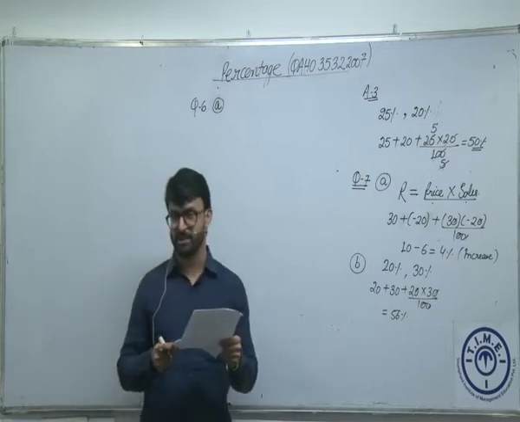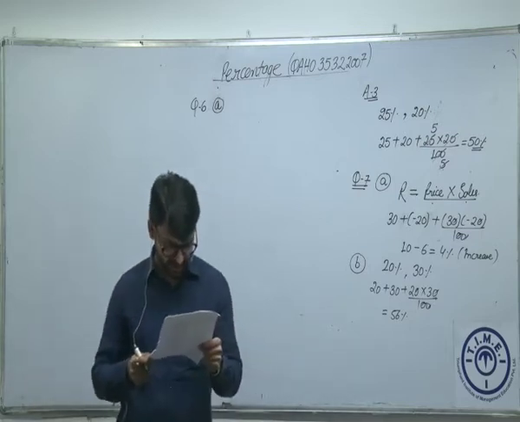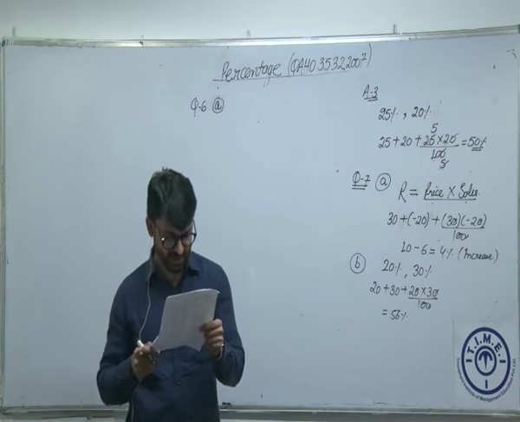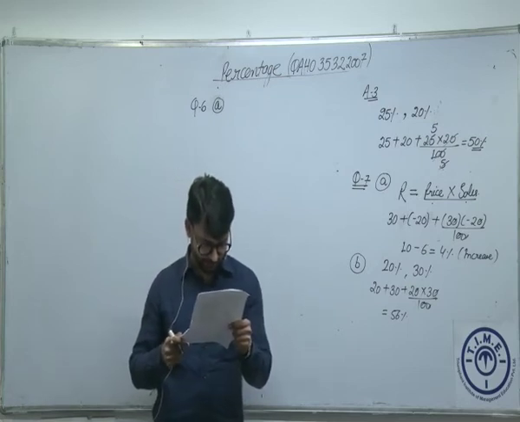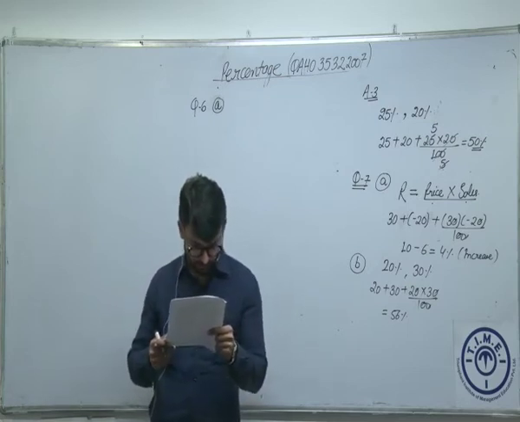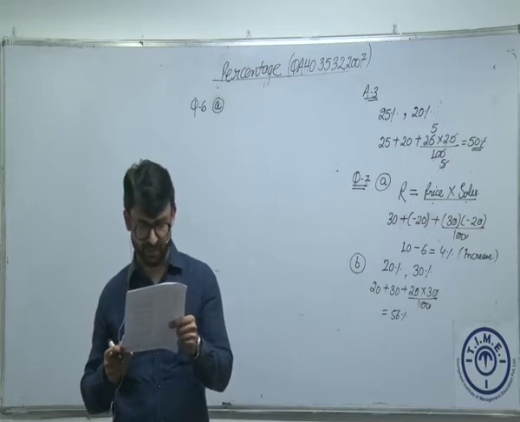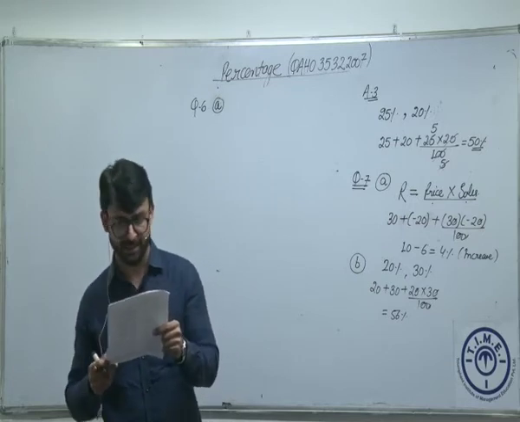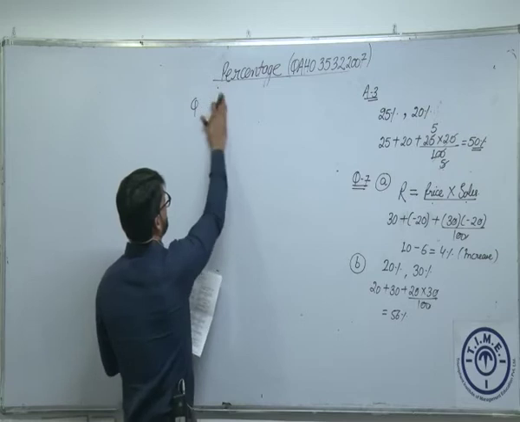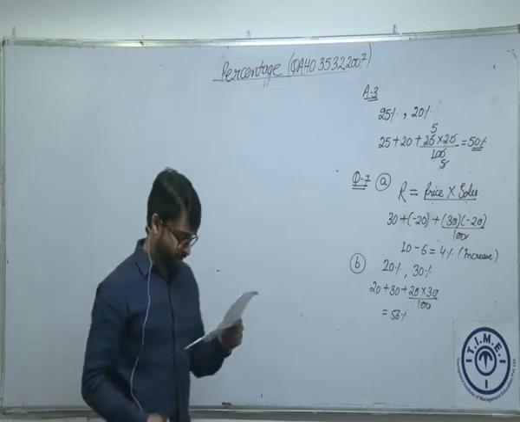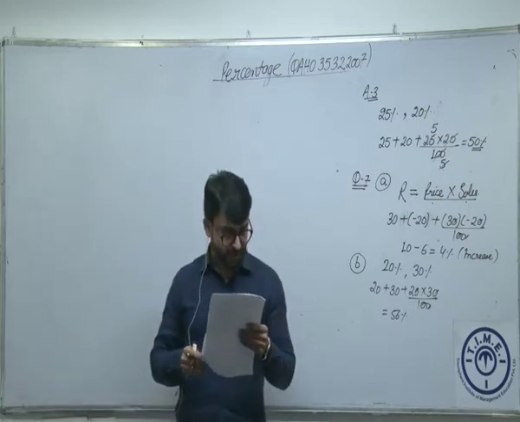Can we do it with a successive percentage change? No, I think it can be done without even successive percentage change. I don't think we are going to use successive percentages in this question. We can take some other example. Let's leave it. This is the question in which we cannot use successive percentage change.